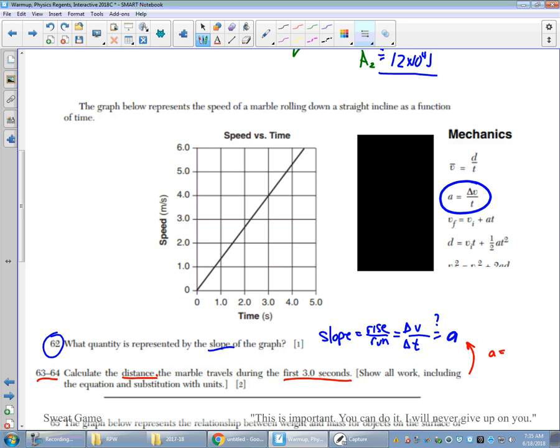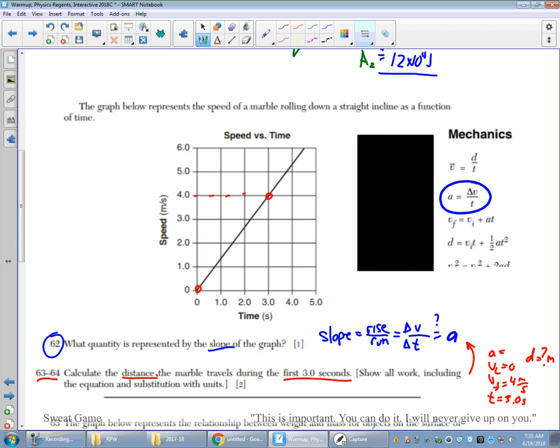You also know first 3 seconds, that at 0 and then at 3, you know the VI is 0. You know the VF, run over here, is 4 meters per second. You know the time is 3 seconds. And so you have to find the distance. Well, that's a pretty easy kinematics problem.